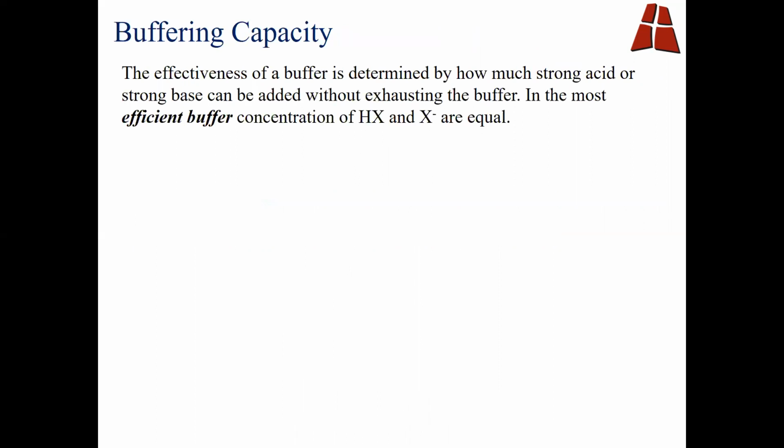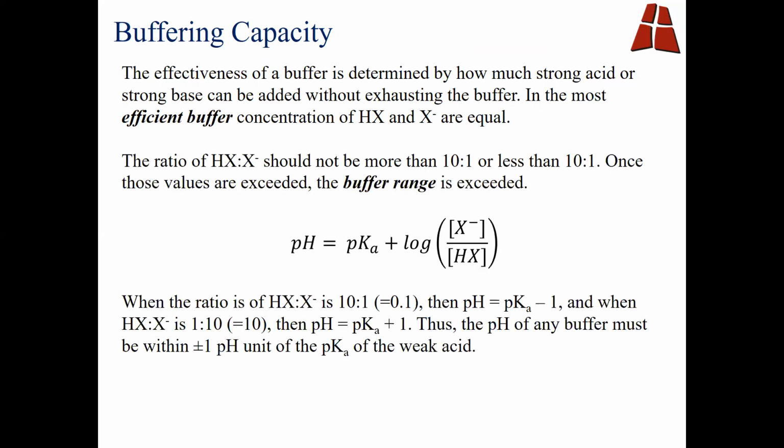And then the last concept we'll talk about, I believe, is buffering capacity. Okay? And so this is the effectiveness of the buffer to resist changes in pH. And the most efficient buffer will have equal concentrations of HX and our conjugate base X minus. Okay? So we say that the buffering range is exceeded anytime we have a ratio of 10 to 1 of either our conjugate base to weak acid or weak acid to conjugate base.